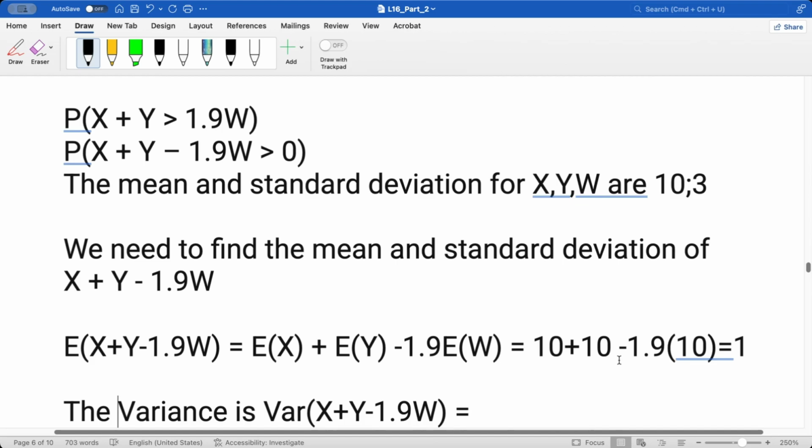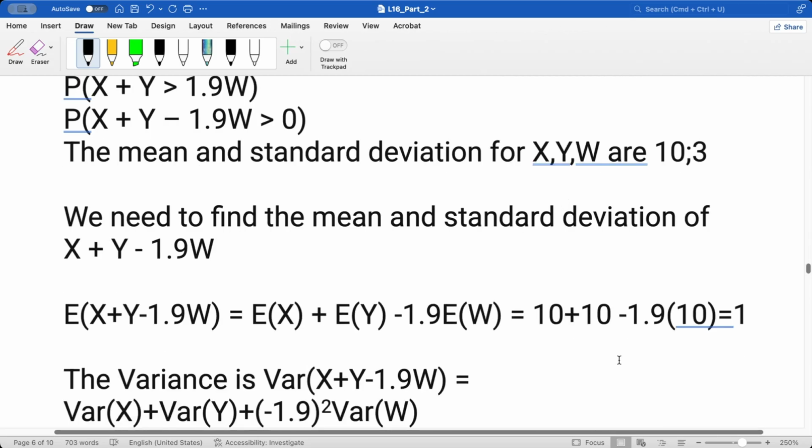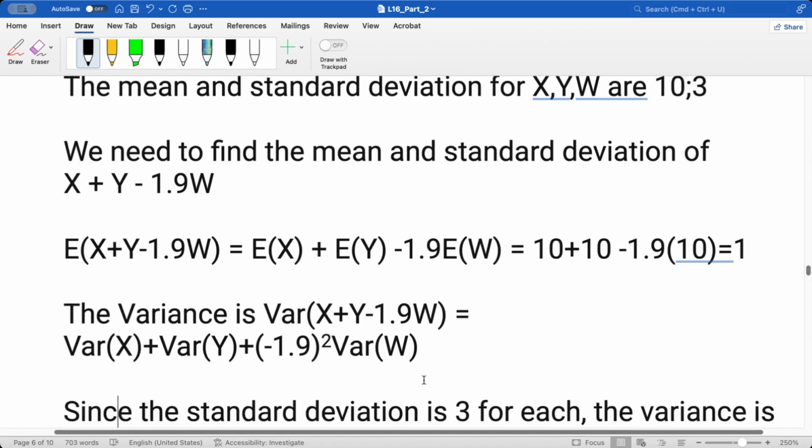So it's the variance that we're going to work with. These are independent random variables, so we can pass through one at a time here. It's variance of x plus variance of y, and then, remember, there's a constant multiplier. It gets squared when you're doing variance. So it's negative 1.9 squared times the variance of w. Each variance is going to be 3 squared.